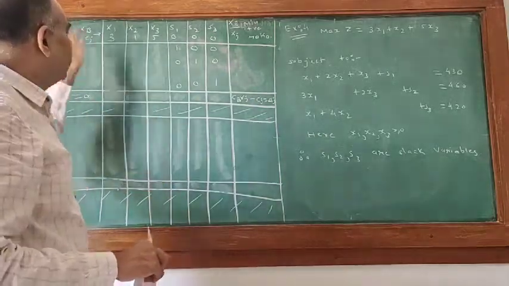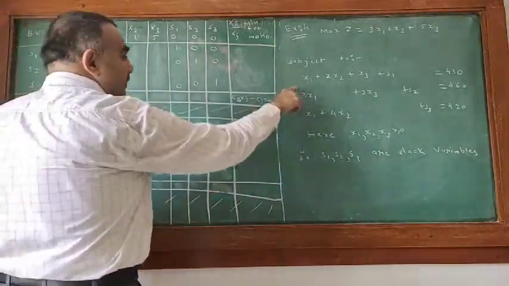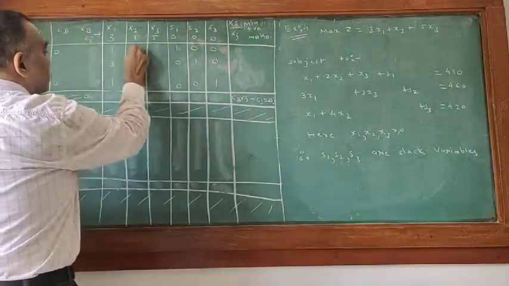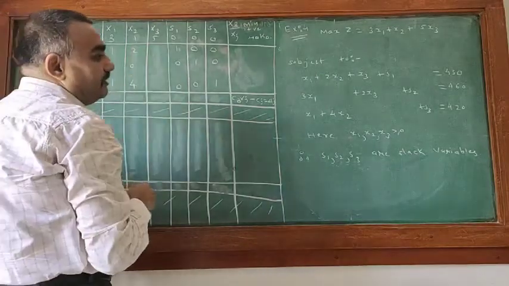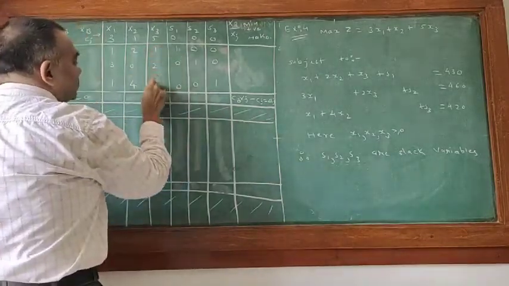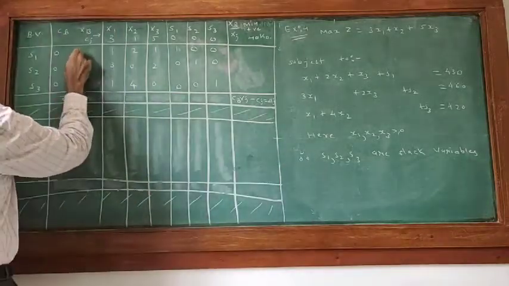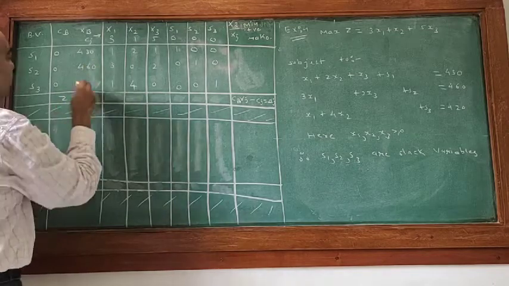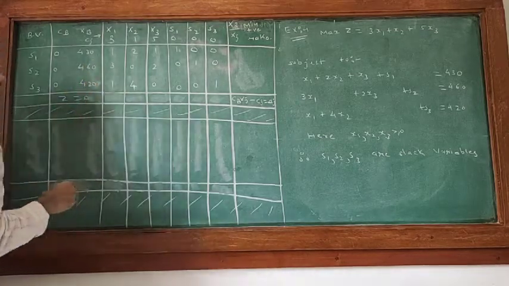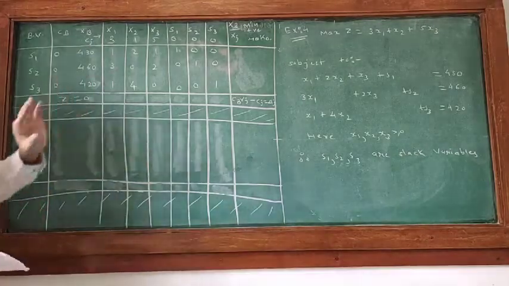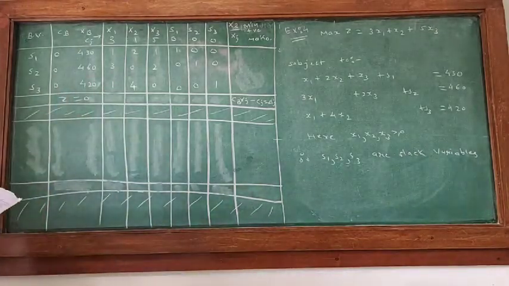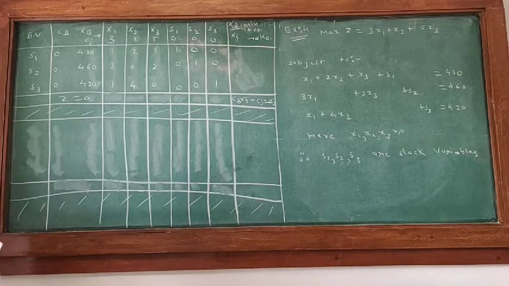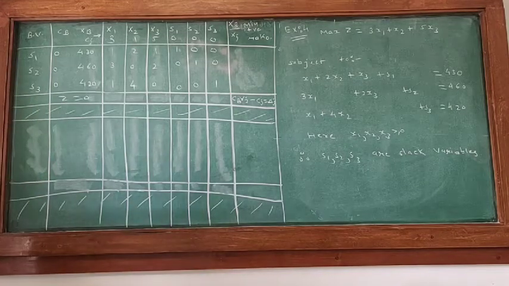So now we proceed for x1, x2, x3 and it is 1, 3, 1, 2, 0, 4, 1, 2, 0, 4, 3, 0, 4, 6, 0, 4, 2, 0. Check all these things once more, how I put these values in the table.